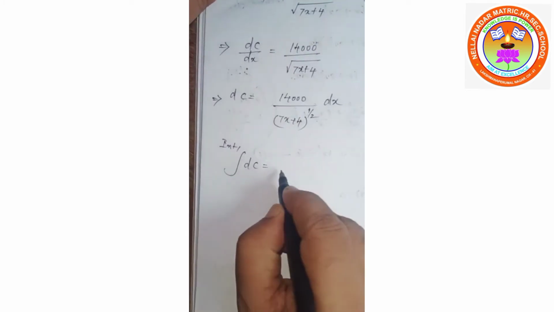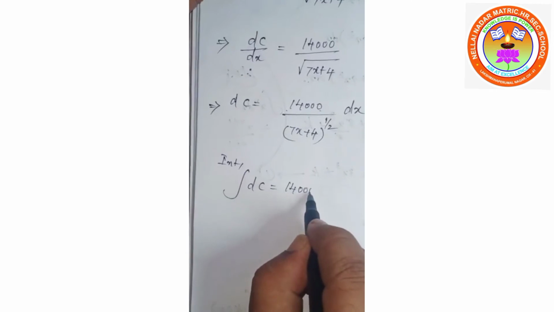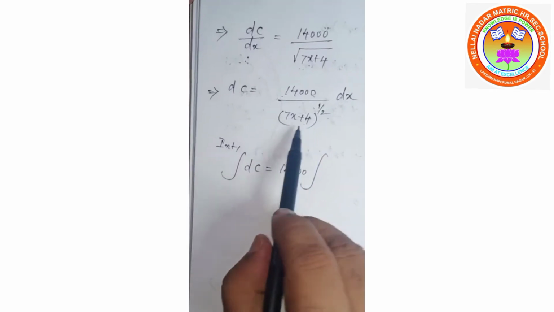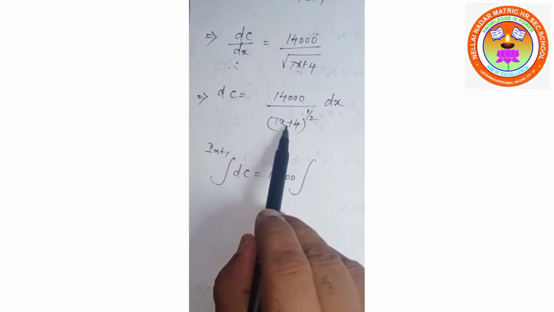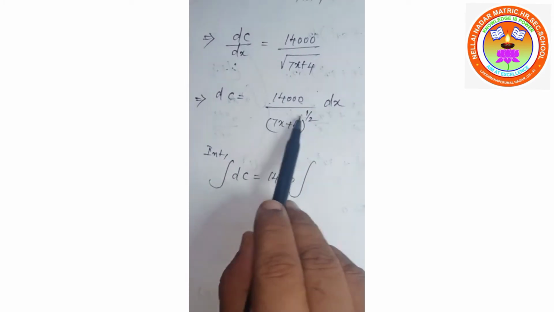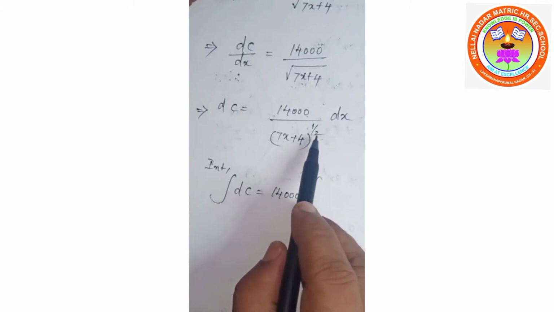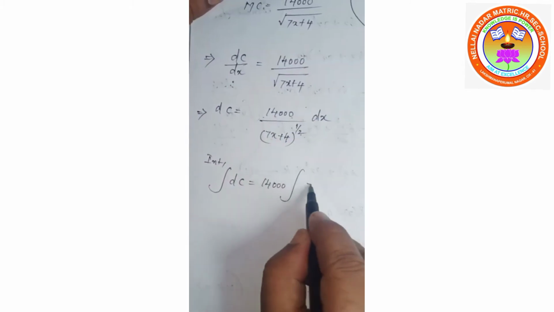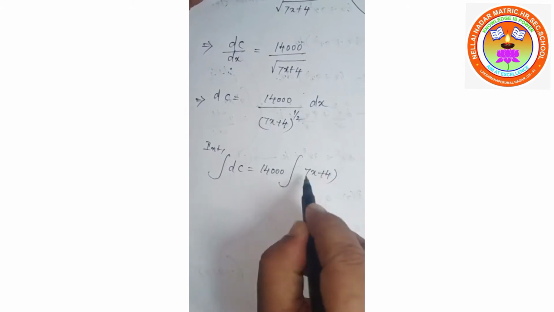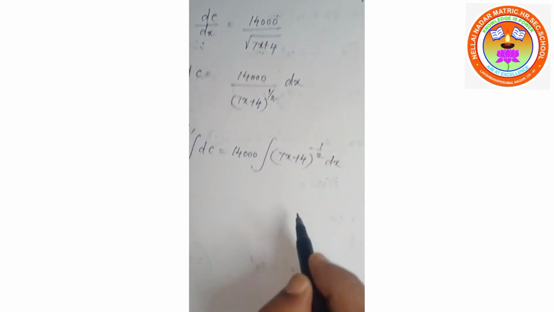Integral dC equals, the constant is 14,000, write the constant outside the integral. This expression has to be retained in the numerator. Before integration, the expression has to be retained in the numerator. So (7x plus 4) power half comes to the numerator as (7x plus 4) whole power minus half dx as it is. Now we can integrate.